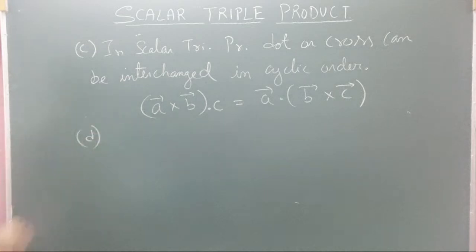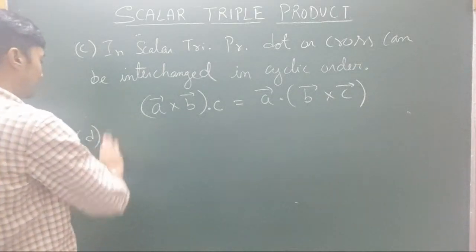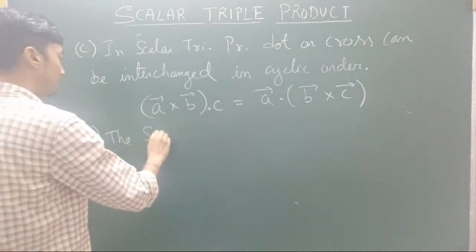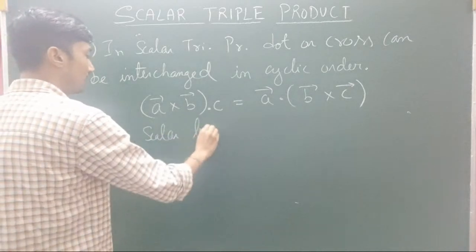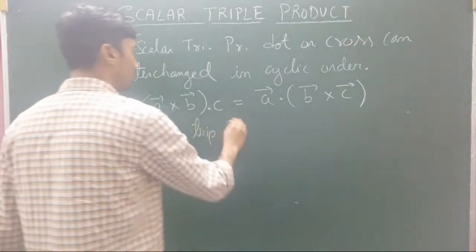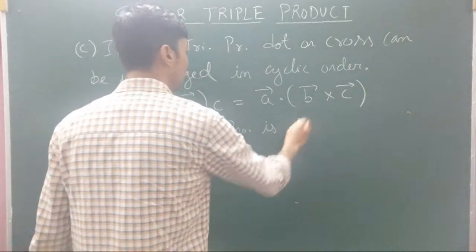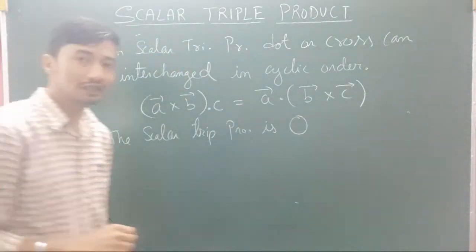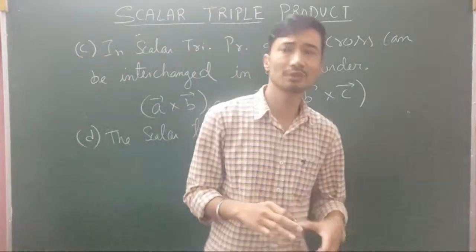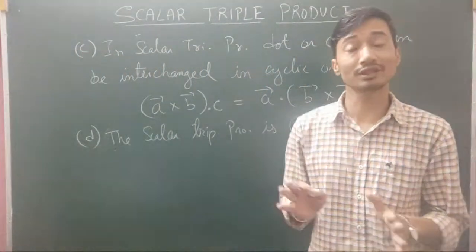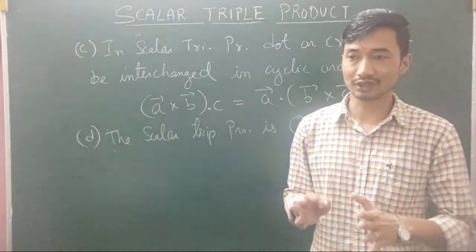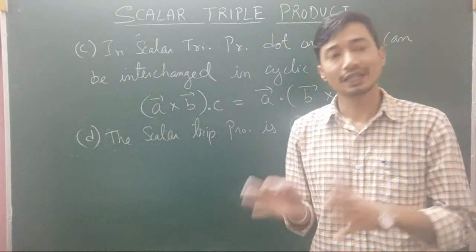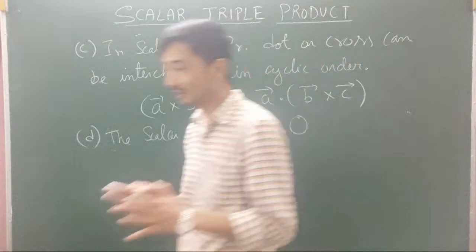Another very common property also comes from properties of determinants: the scalar triple product is 0. You remember when the value of a determinant was 0? The value of a determinant was 0 if any two rows or any two columns are equal or proportional, same thing.